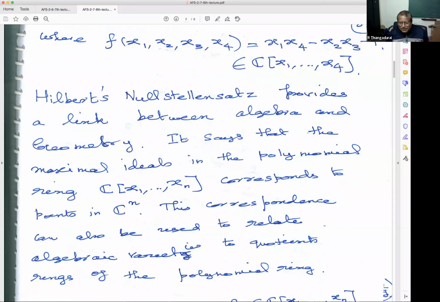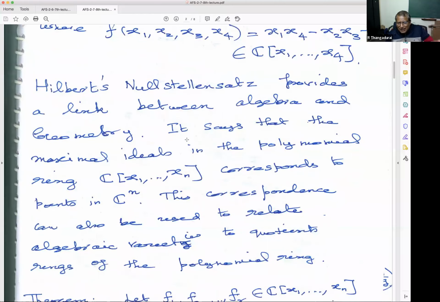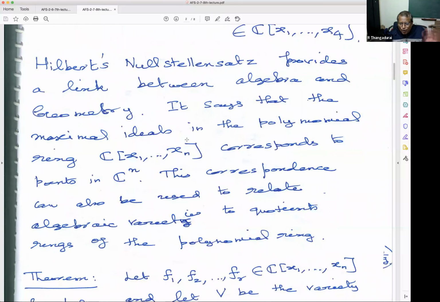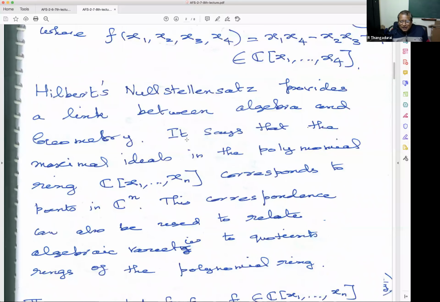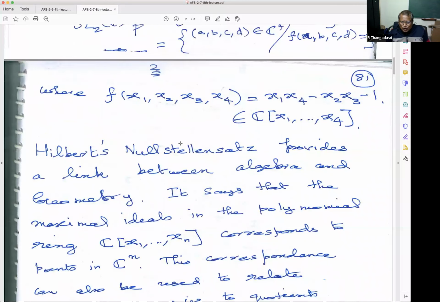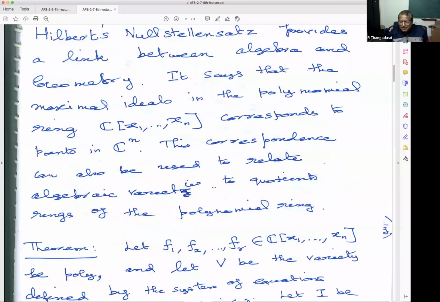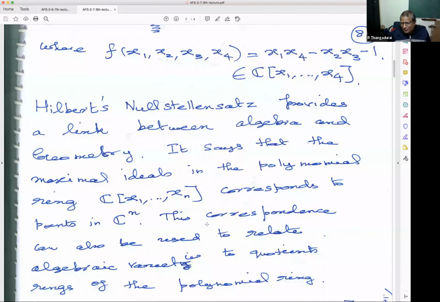Maximal ideals and points. Here, varieties are sets of points in C^n. So this correspondence can also be used to relate algebraic varieties to quotient rings. Can you think of this? It is very natural from the Nullstellensatz and varieties. A variety is a solution set defined by some polynomial equations.